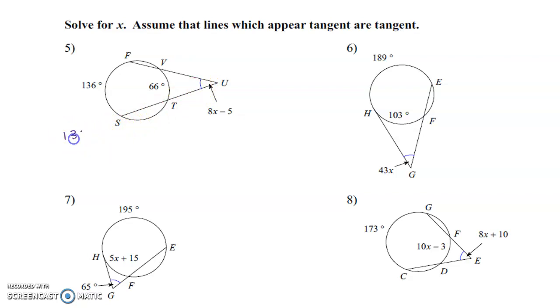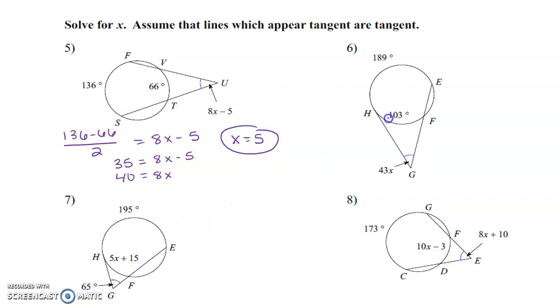So 136 minus 66 divided by 2 equals 8x minus 5. Well, I have no variables on this side, so I can just go ahead and solve that 136 minus 66 and divide it by 2, and I end up with 35. So 35 equals 8x minus 5. Add 5 to both sides. Divide by 8. X equals 5.